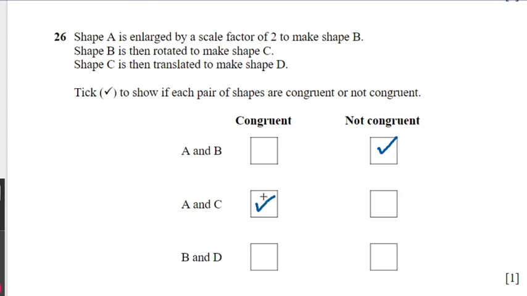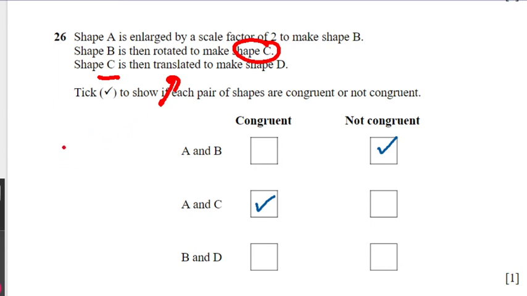Okay, B and C. After that, this one is enlarged already, and then shape B is rotated. So let's see, this shape C, once it's rotated to shape C, then translated to shape D. Translated means you just move the shape.